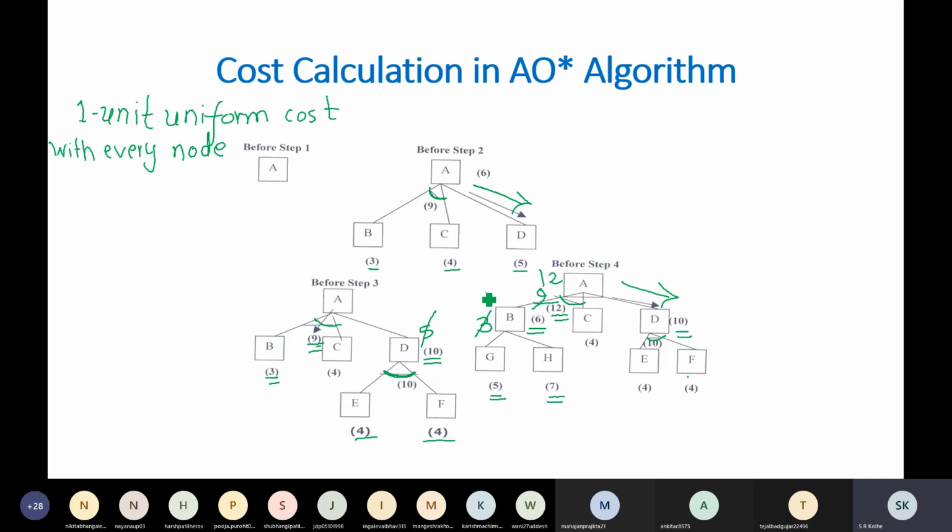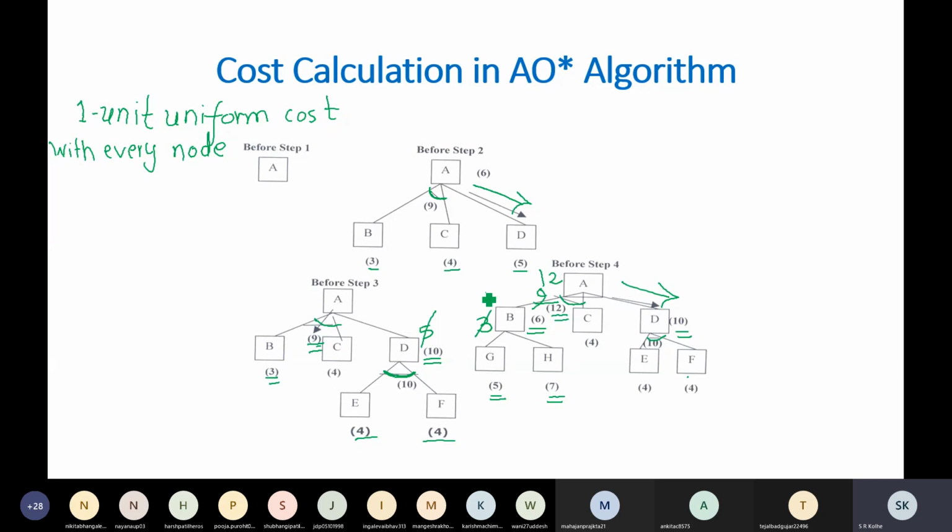So let us now revise what we have discussed today. In this AO star search algorithm, we are going to decompose the problem into several sub problems. Some of the arcs will be AND type of arcs, some of the arcs will be of OR type. So therefore the mechanism will change.